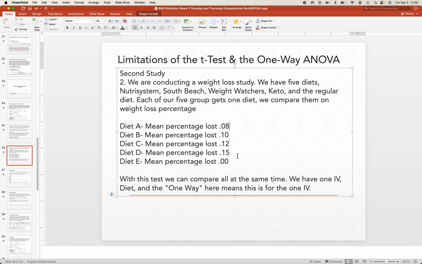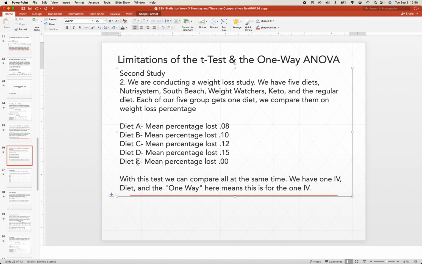By the way, we call this a one-way ANOVA because there is only that one independent variable, in this case diet. If we had diet and exercise, as I mentioned, that would be 2 independent variables. For that, we'd run a two-way ANOVA. And we have actually a test called N-way ANOVAs, where we can have many independent variables each having many different conditions.